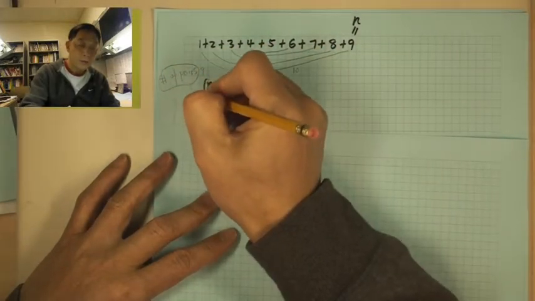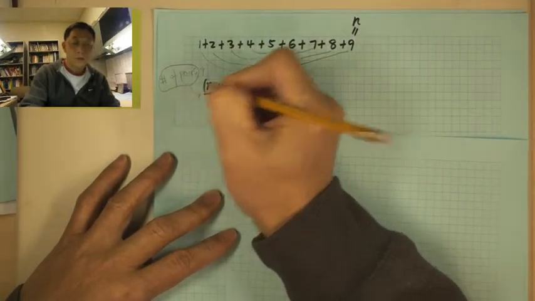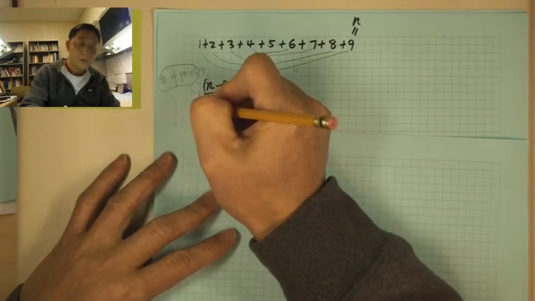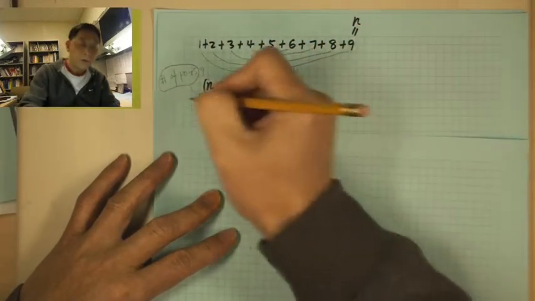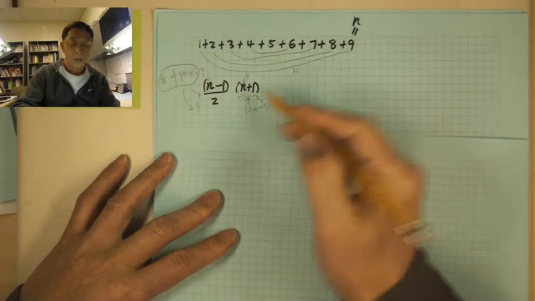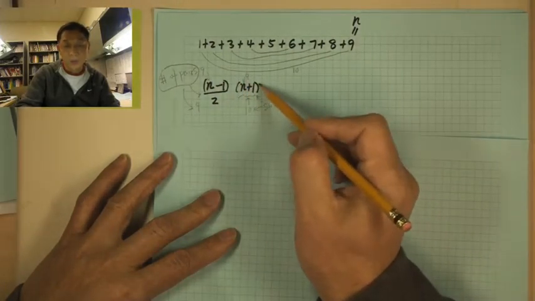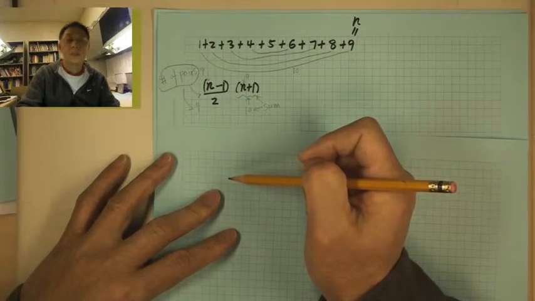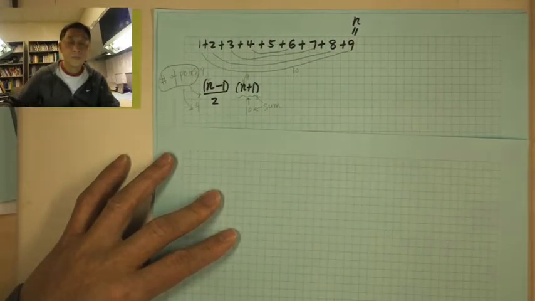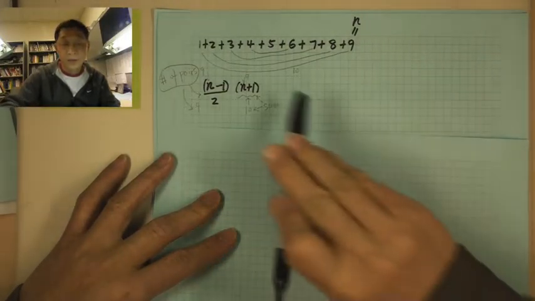So it's 4. This part means the number of pairs, and this one means the sum. Now you have to add 5.